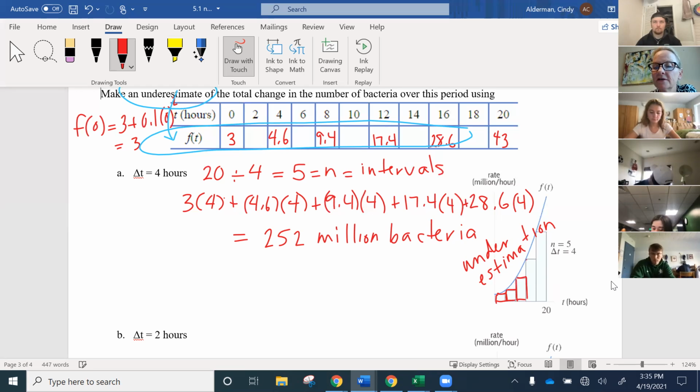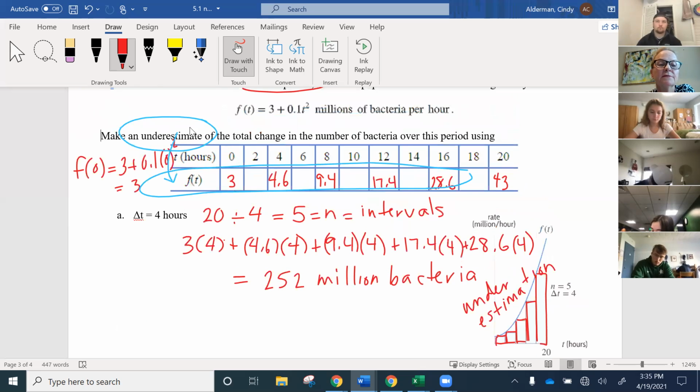You just calculated all of these. And because it's under the curve, you know that's an underestimation. If it were above the curve, it'd be an overestimation. But remember, they're asking us for an underestimation.